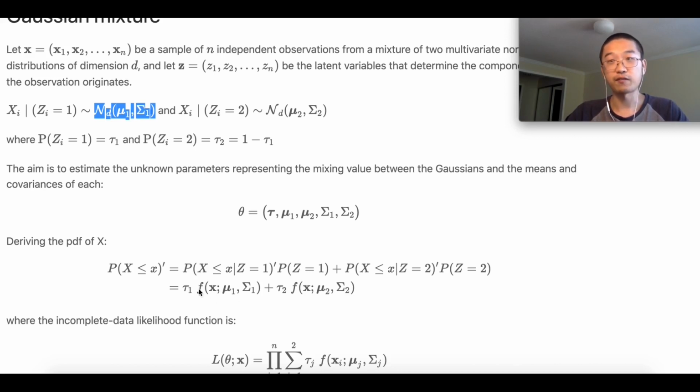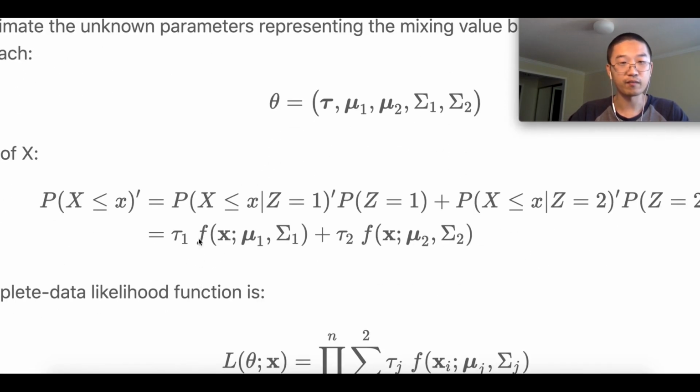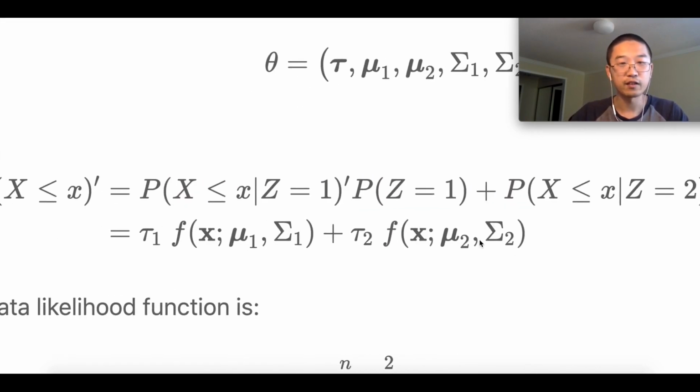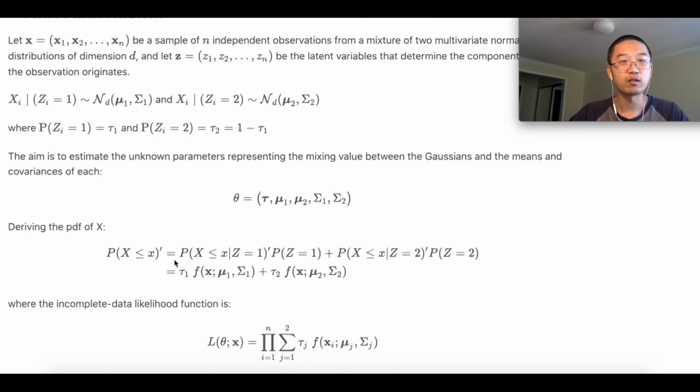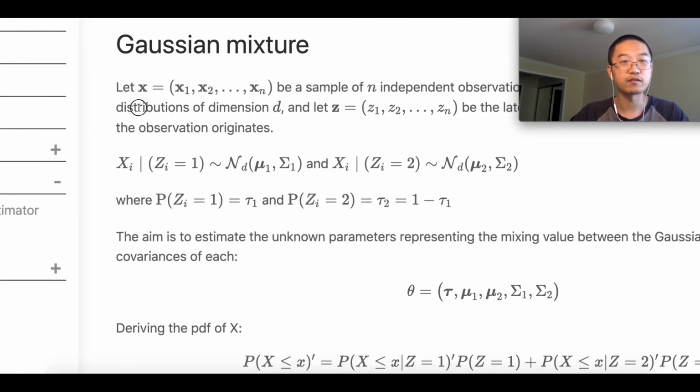This is not the same f as before. This f here is the Gaussian probability density function. I shouldn't use the same symbol. So the whole equation in here is the probability density function of the sample x.